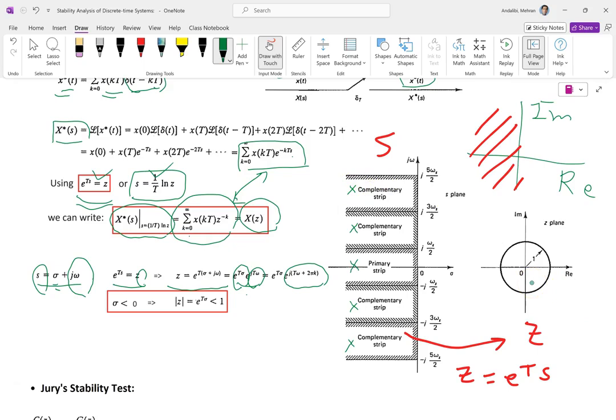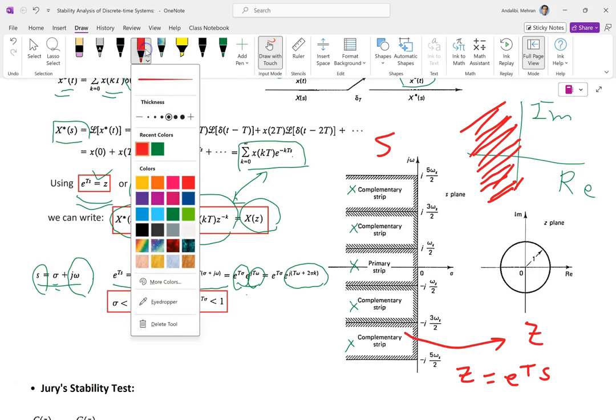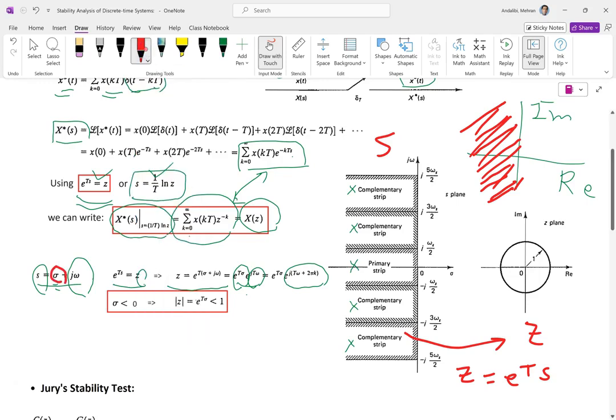But what we care about right now more is what happens to the left side of the imaginary axis, that is the region for stability. In this left side, sigma, which is the real part, has to be negative.